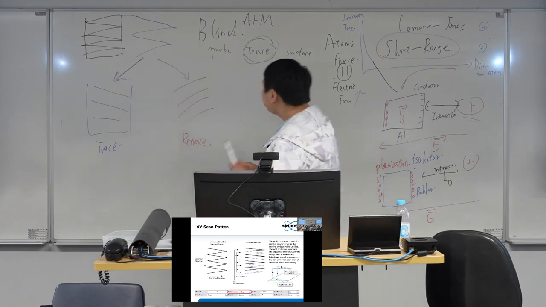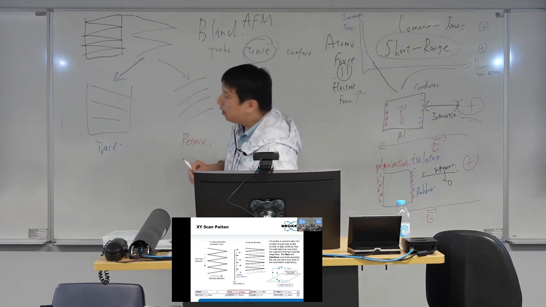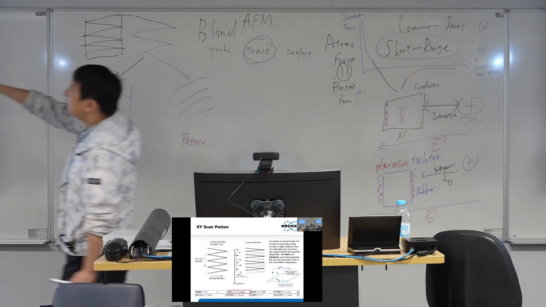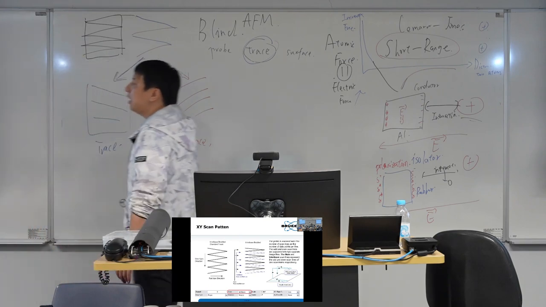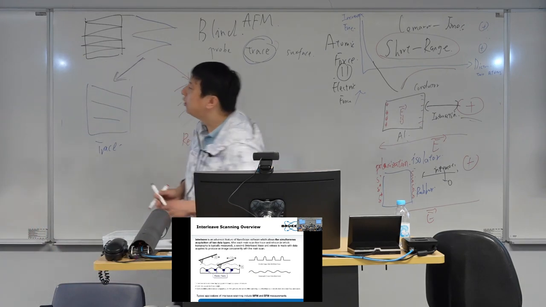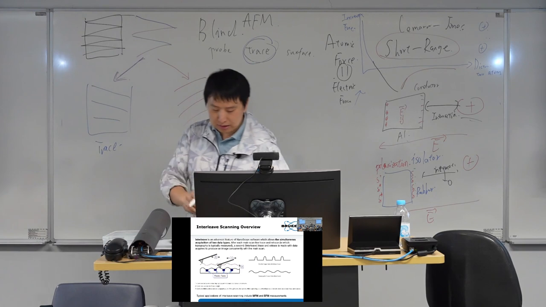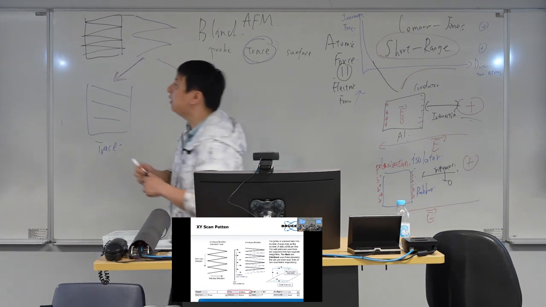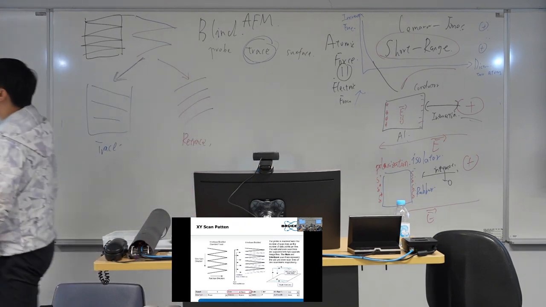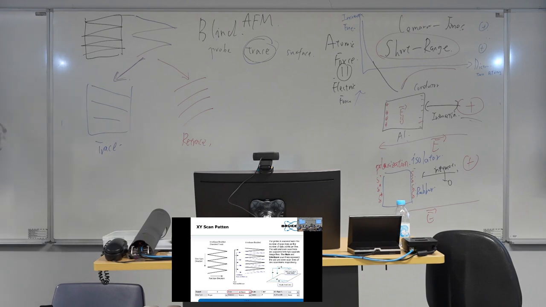Okay. If we want to do the interleave scan, as we show here, we scan it twice. So in our current AFM setup, we insert another scan between two trace retrace.